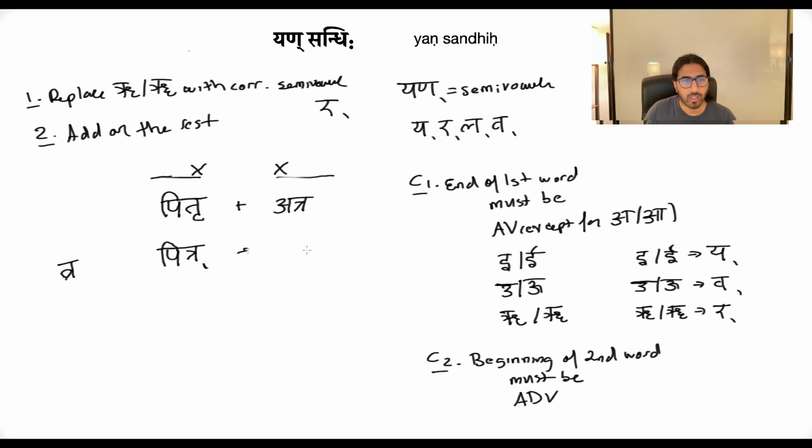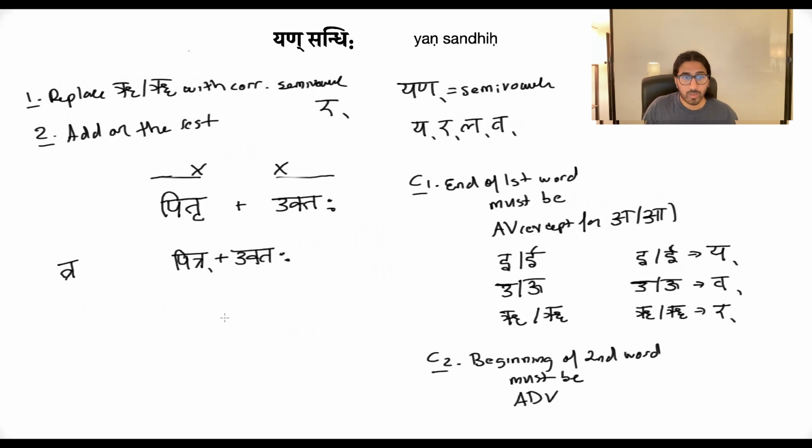So let's say, for example, I add the word uktaha again. Conditions 1 and 2 are fulfilled; I wouldn't give that example otherwise. Pitru plus uktaha. Replace the ri with the corresponding semivowel, so again we have pitra. Then you add the rest, uktaha.